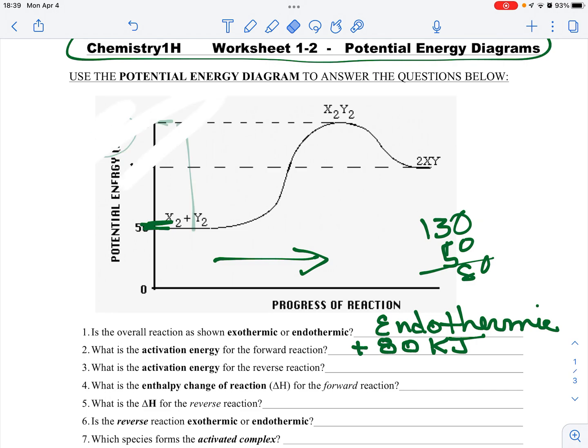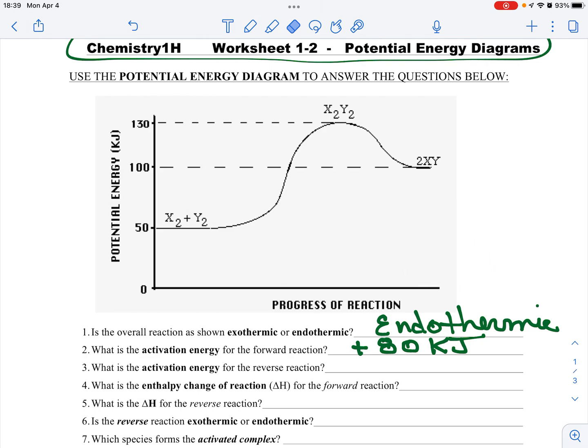Next, oh no, that's not what I really wanted to do here. Okay, it's working. What is the activation energy for the reverse reaction? When we're talking about the reverse reaction, we're just going to go this way, and we can see that my activation energy, if I'm going that way, will be 30 kilojoules.